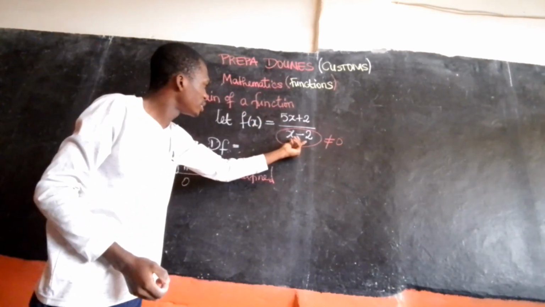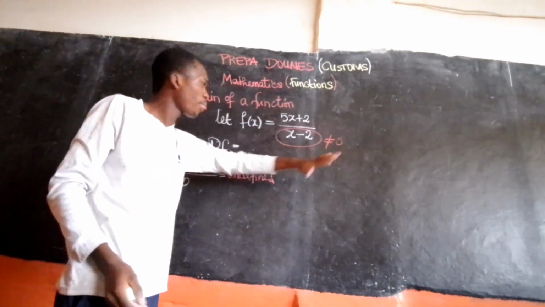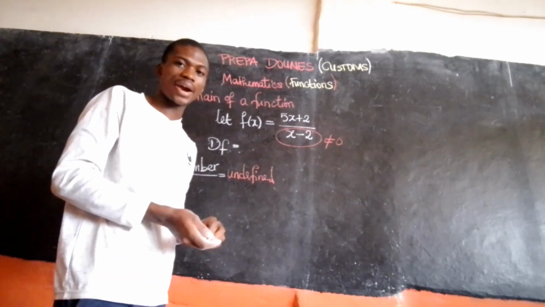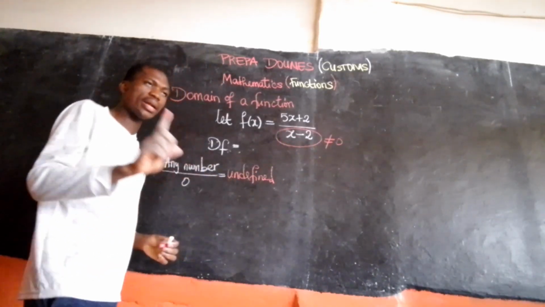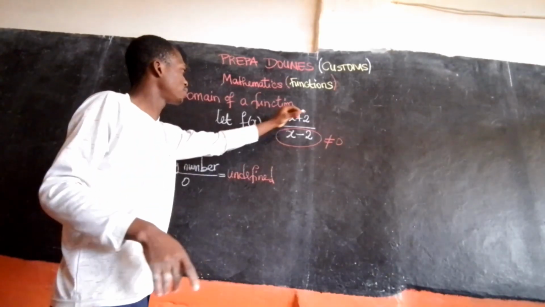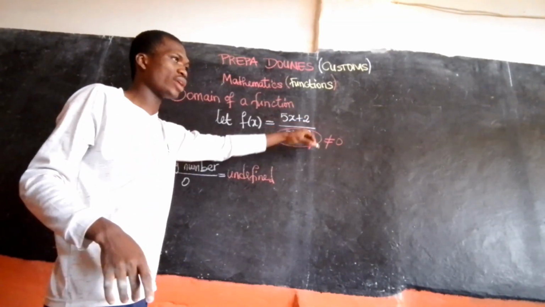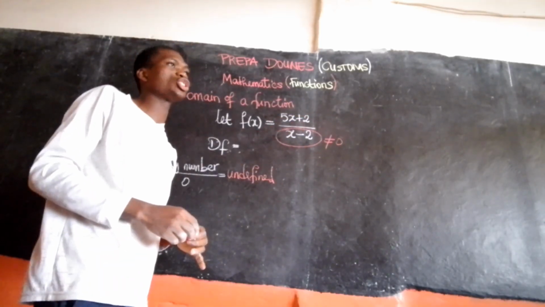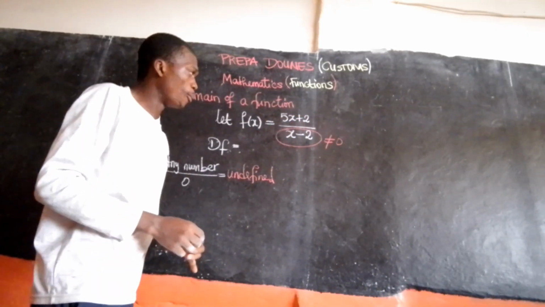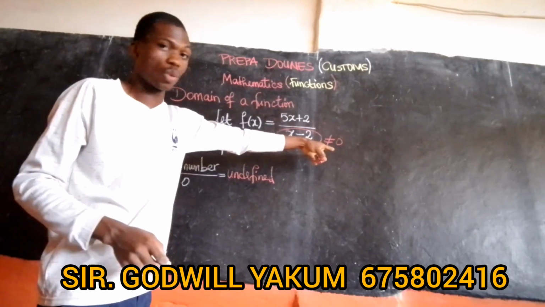If this denominator is equal to 0, the function is undefined. Good. So that is the first thing you should know when calculating or looking for the domain of such a function that exists like a fraction. The domain is such that the denominator should not be 0.